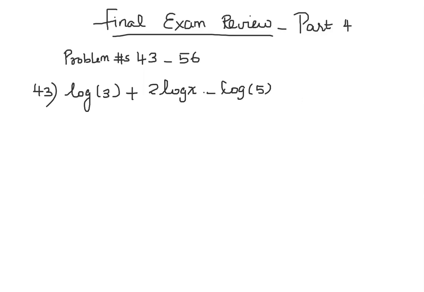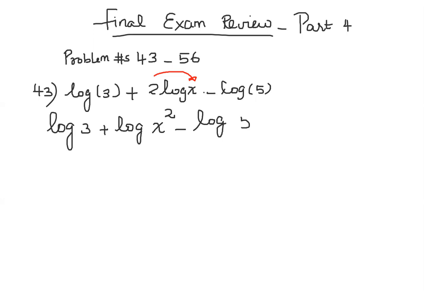So the first one, we have to apply the product, quotient and power properties. Since we have the 2 here, we're going to apply the power property first. So it's going to be log x squared minus log 5.